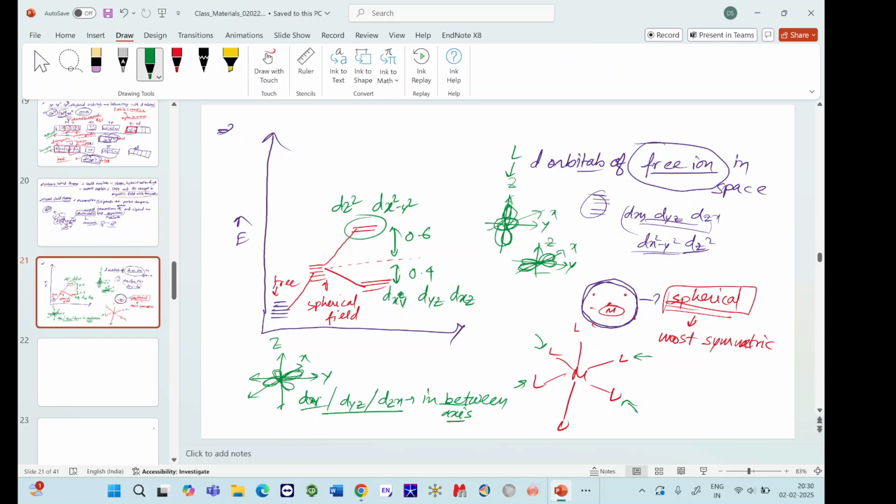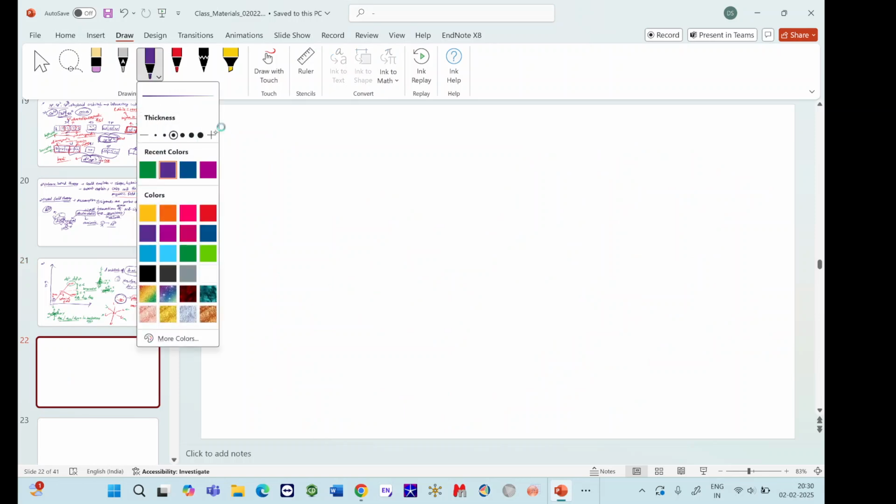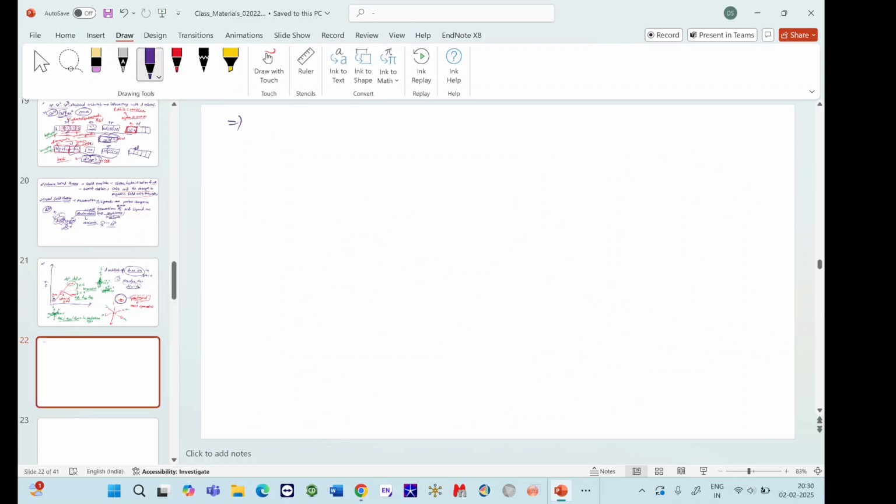And these three sets of orbitals, xy, yz, and zx, come down from the center. This is called the barycenter. So these are stabilized. You can see two orbitals are higher in energy.